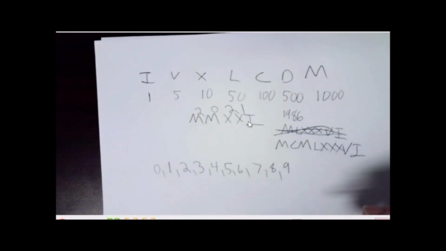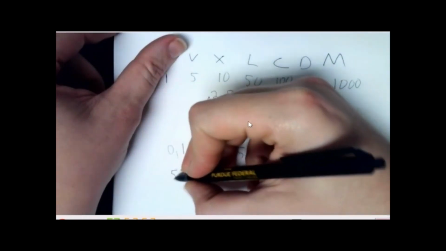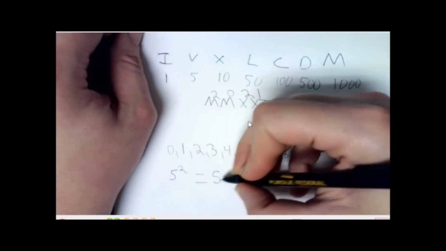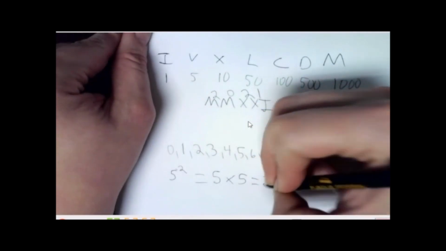Now, however, Arabic numerals can still be cumbersome if the number is big enough. Thus, we have to introduce exponential notation. Exponential notation is a number raised to a power. So like 5 squared, 5 raised to the power of 2, would be 5 times 5, which is 25.